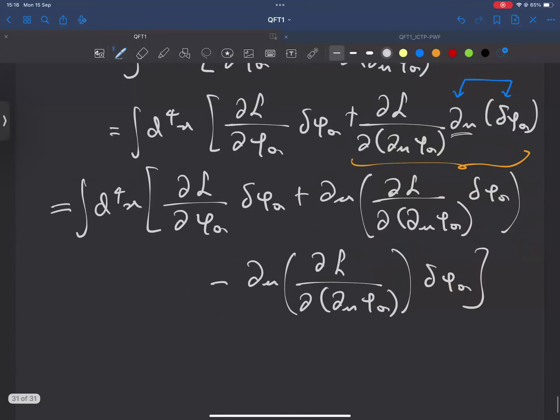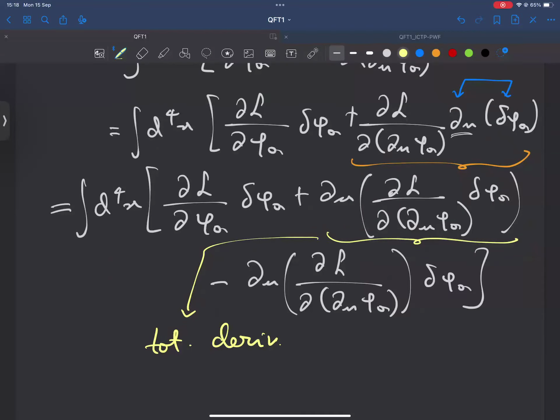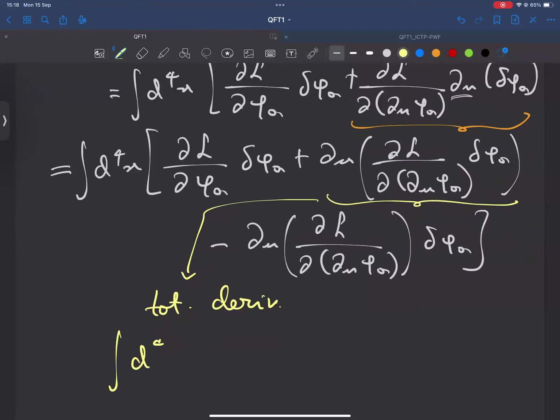Okay. Now, just like in classical mechanics, and this is something which we will do all the time, this is a total derivative term. So just evaluating that piece is something like this.